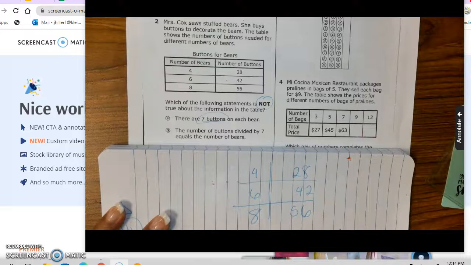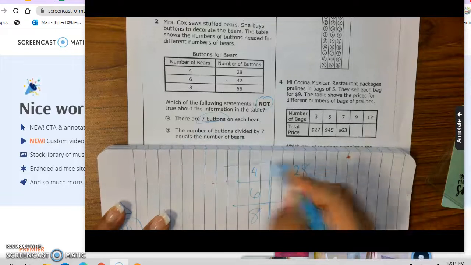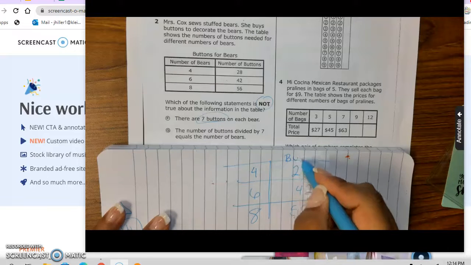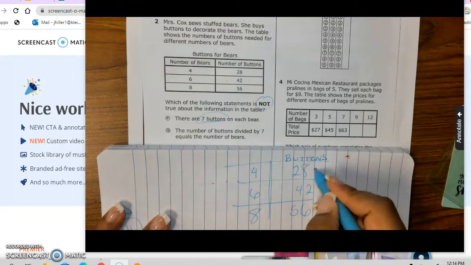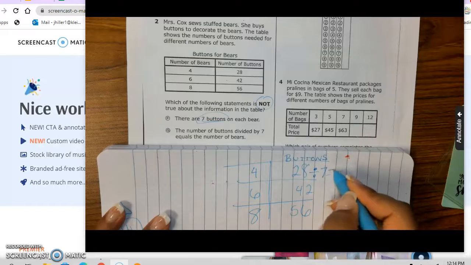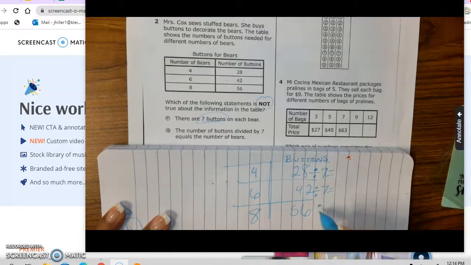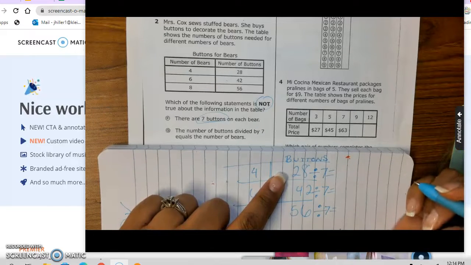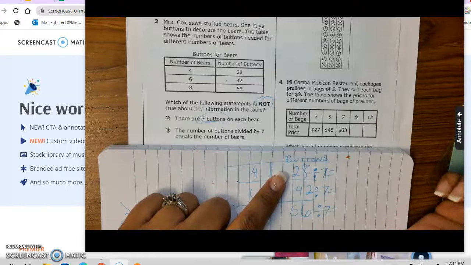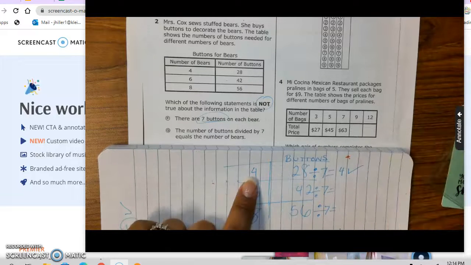And in that question, they're saying the number of buttons, which is on this side, divided by 7 is supposed to give me the other number. So let's see. 28 divided by 7. Miss Hiller can let you know that it is 4, so that one checks off.